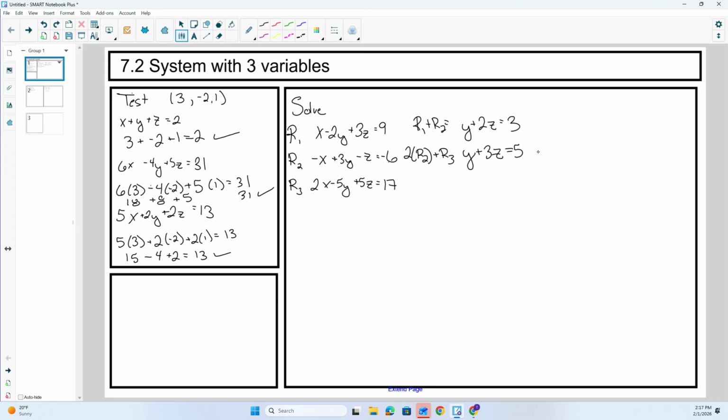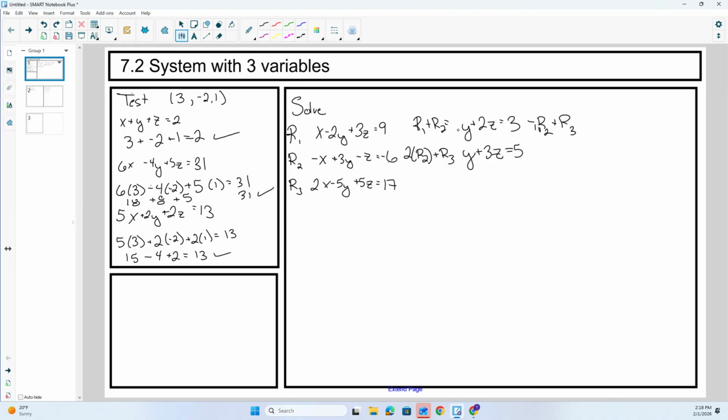So now I have two new equations, y plus 2z equals 3 and y plus 3z equals 5. Now the nice thing is that I see that the y's are the same, so if I wanted to, I could do subtraction, but again, I don't particularly like subtraction. What I'm going to do is a negative R2 plus an R3.